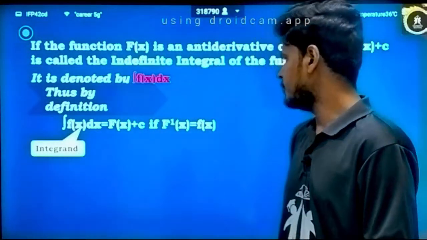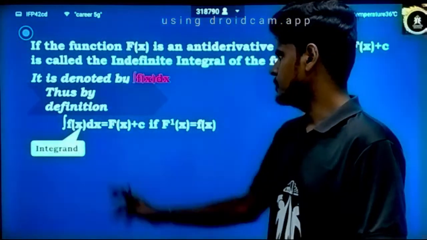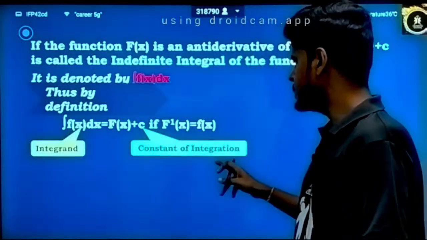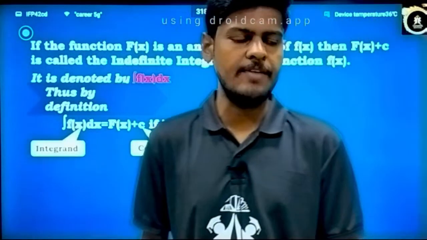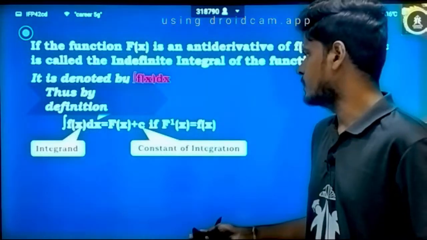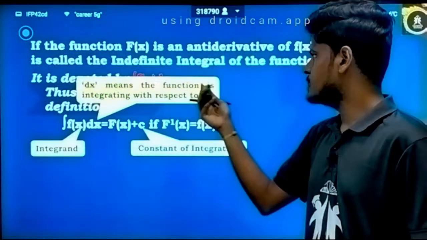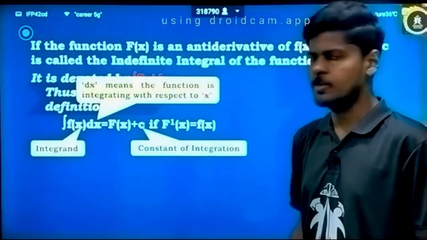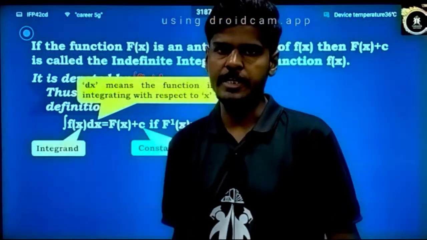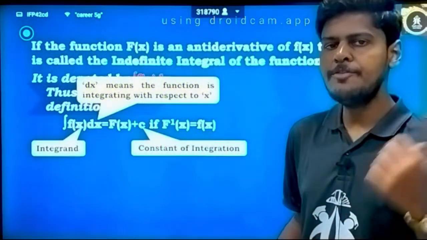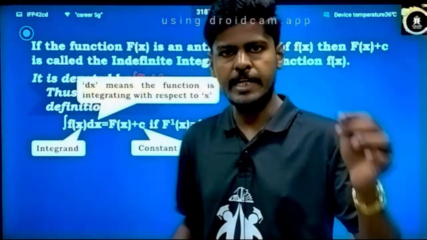C is the constant of integration, where C can take any arbitrary real value. Dx means the function is integrated with respect to x. Dx is also called the variable of integration.